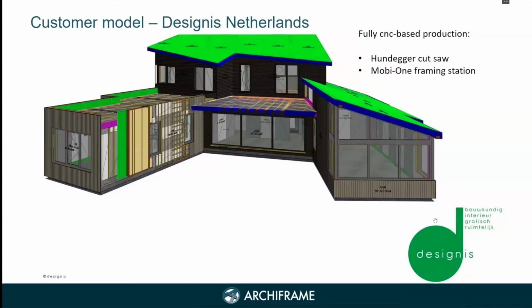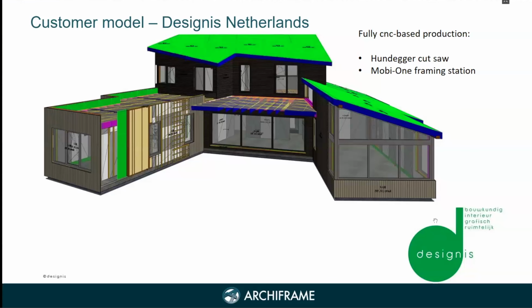Then a Dutch example from our partner design. This company designs the houses, makes the architect drawings and then prepares the data for production. In this case, they used a company that used Hundegger Katso and Mobi1 framing station to build these prefabricated elements.